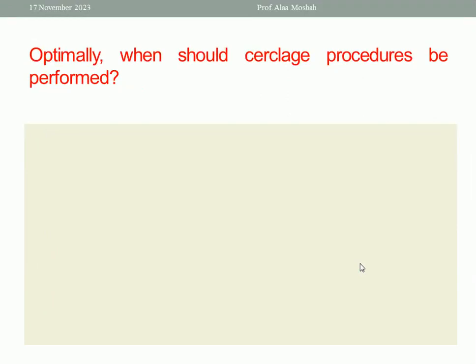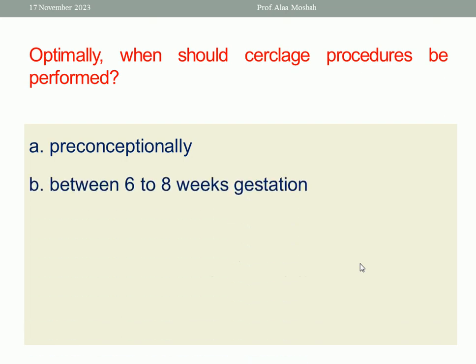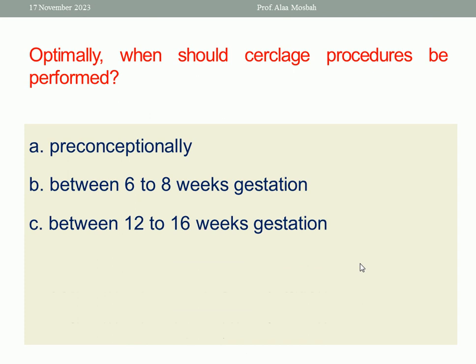Optimally, when should cerclage procedure be performed? A. Preconceptional. B. Between 6 to 8 weeks gestation. C. Between 12 to 16 weeks gestation.